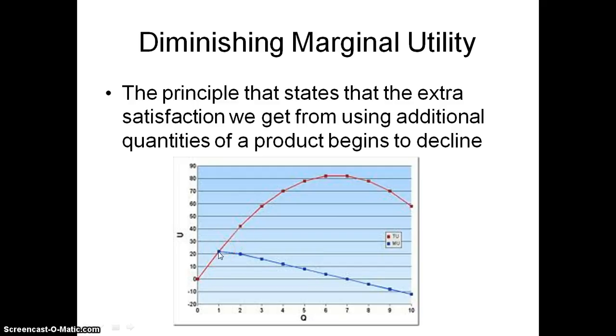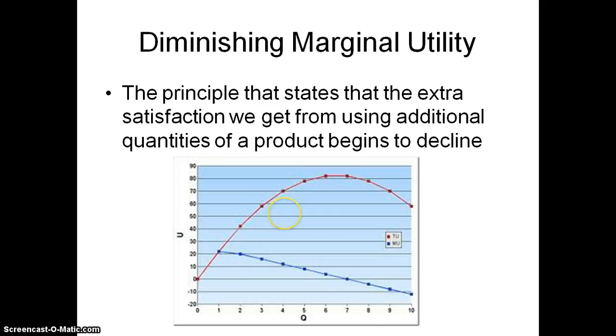So for the first product that we consume, we receive 20 plus units of utility. The second product, we're just over 40. The third, just under 60. The fourth at 70. The fifth just under 80, and so on.